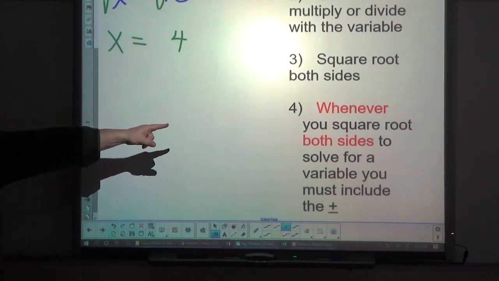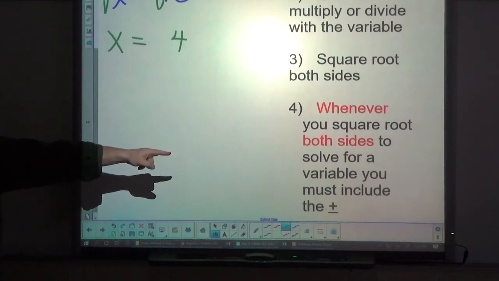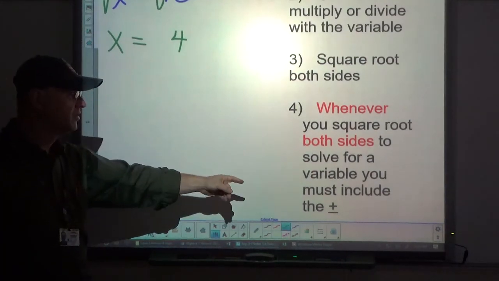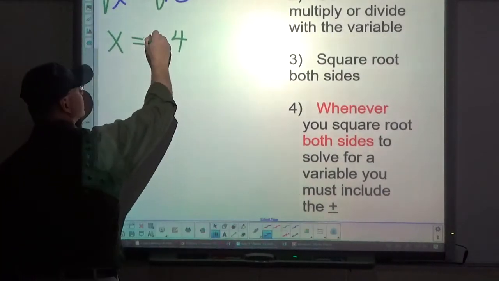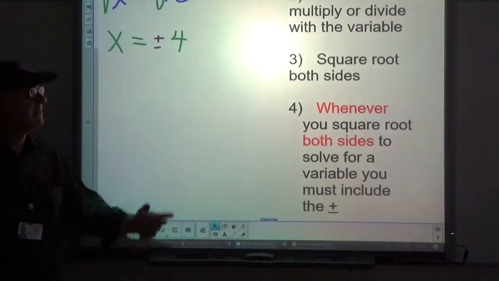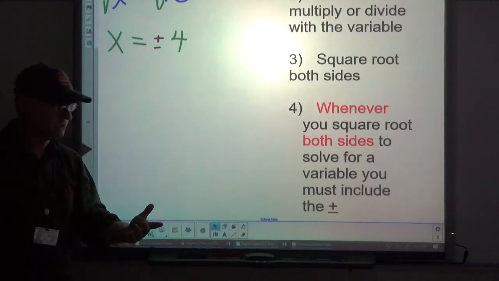Whenever you square root both sides of an equation to solve for a variable, you must include the plus minus sign. The plus minus sign just means a positive 4 or a negative 4 are our answers.